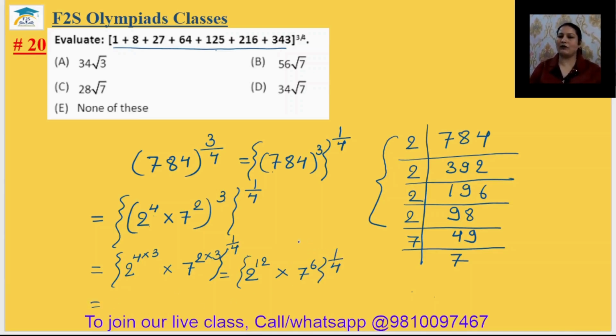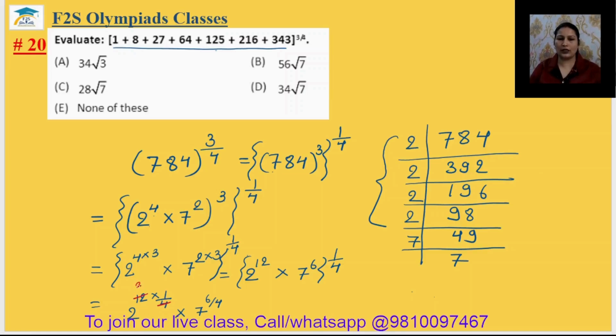Now this power will come on the individual bases: 2 to the power 12 multiplied by 1 by 4, and 7 to the power 6 by 4. So here it can be simplified.